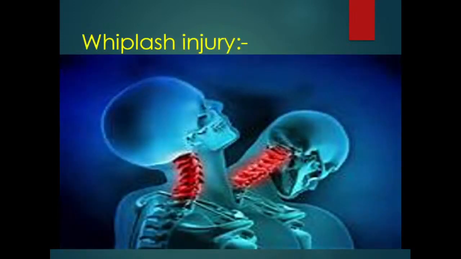Whiplash injury is seen when the head is moving. Even if the body is fixed by the seatbelt, the head is usually unfastened. In most of the typical cars, at the moment of the rear impact, head goes backwards because the body goes forwards due to pushing.